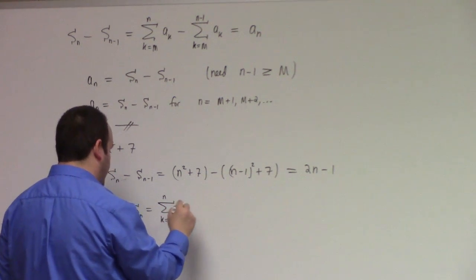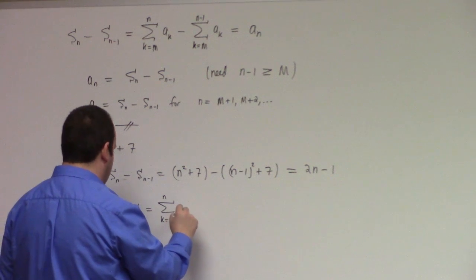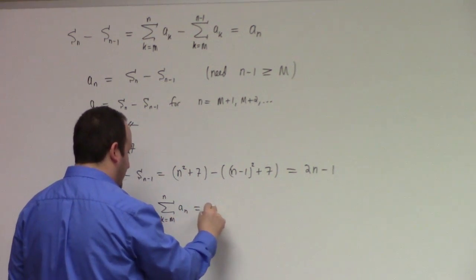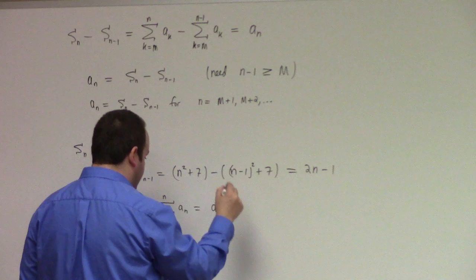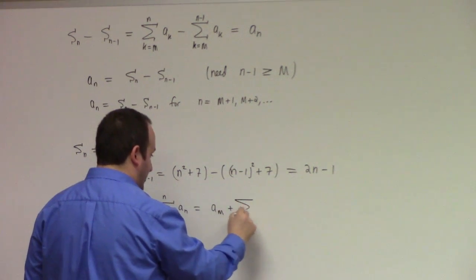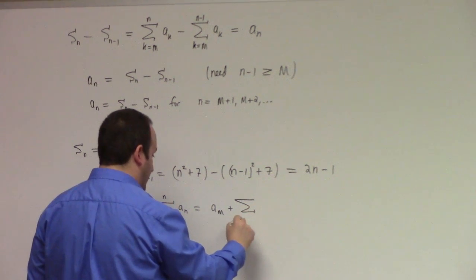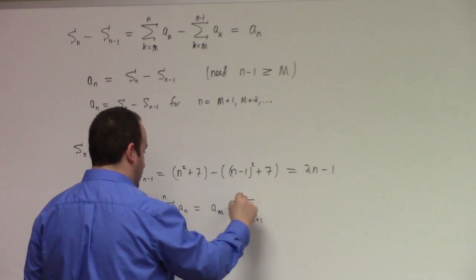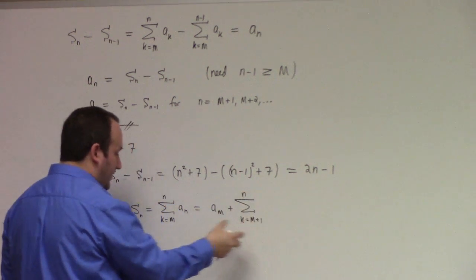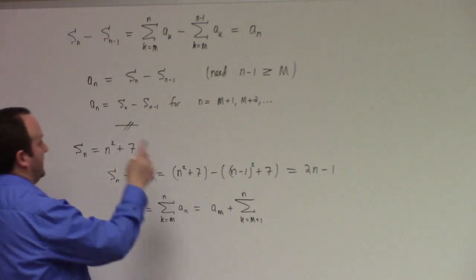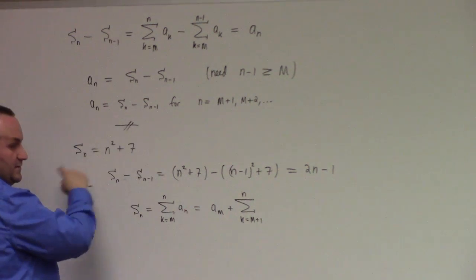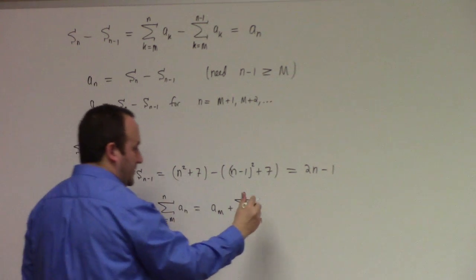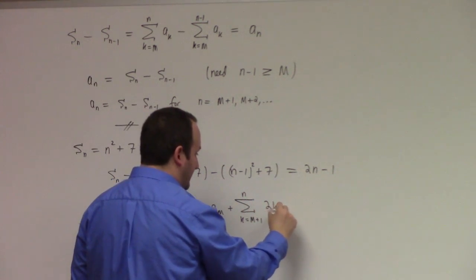So, I could say S_n is equal to a_m, the first term, plus the sum k equals m plus 1 to n. And now over here, that is where this is valid. So in this one, I can put 2k minus 1.